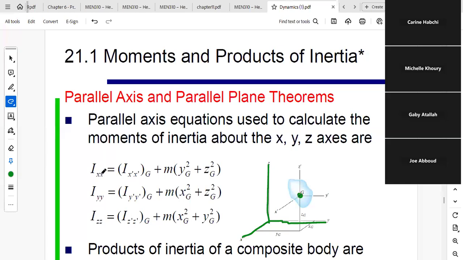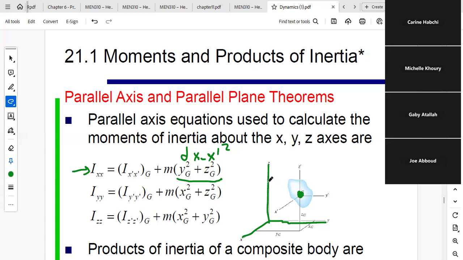You are already familiar with this theorem. For example, if you want to get Ixx, you need Ix prime x prime plus m times the distance between the x and x prime axes, so md square. This distance square corresponds to yg square plus zg square, where yg and zg represent the coordinates of point G in frame x, y, and z.